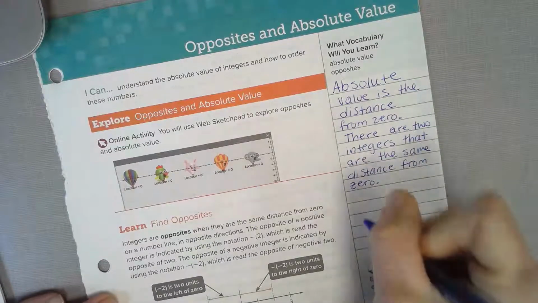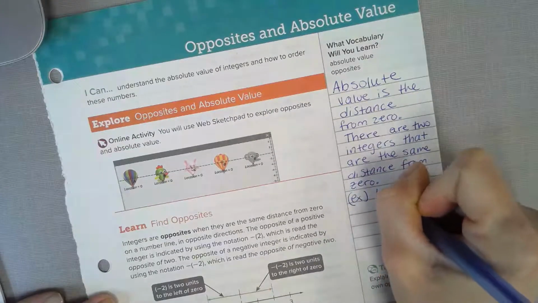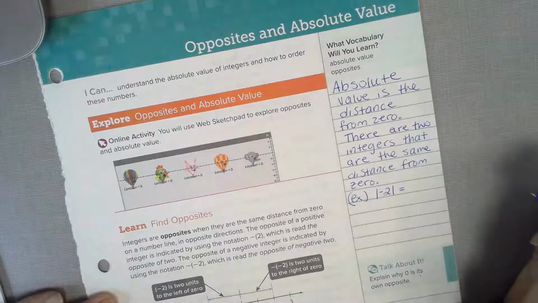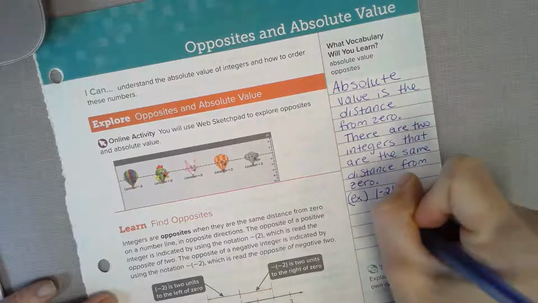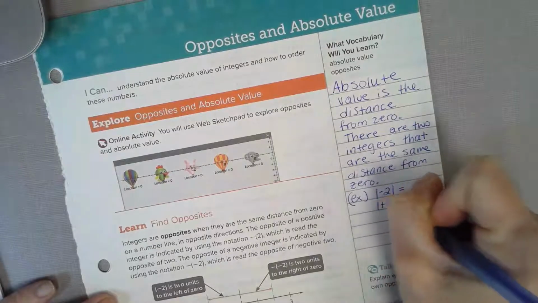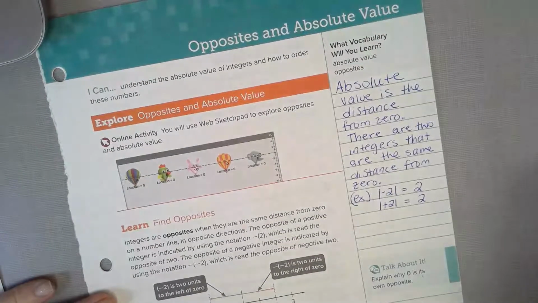And here's an example. The absolute value of -2 means it is 2 spaces away from zero. The absolute value of +2 means that it is also 2 spaces away from zero.